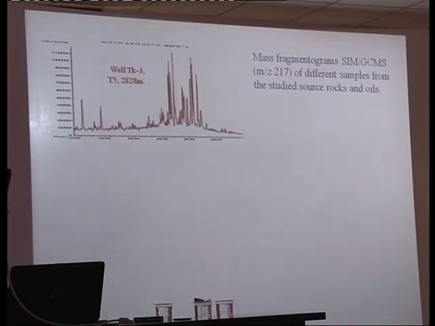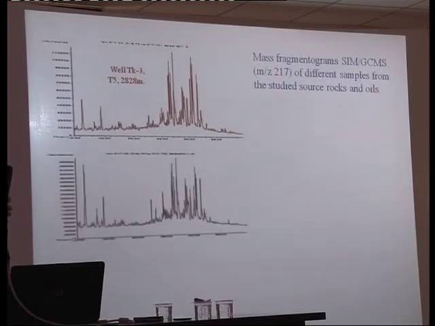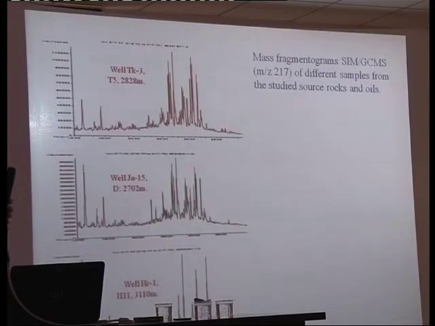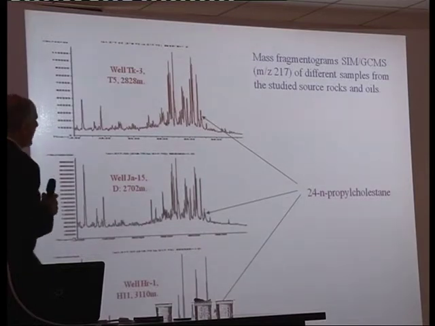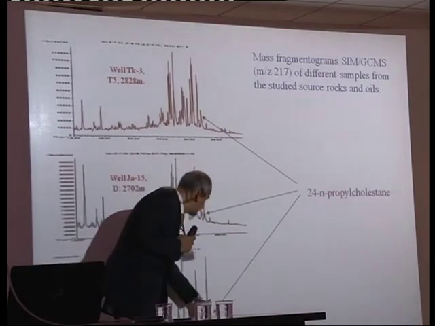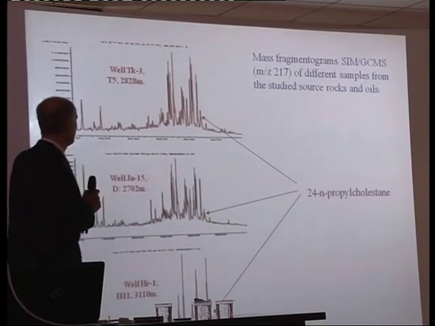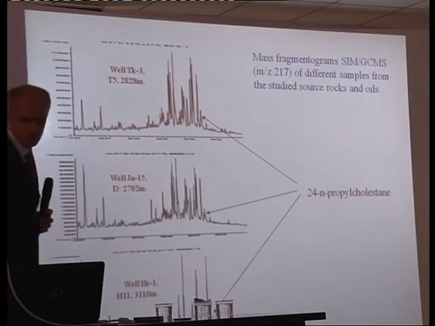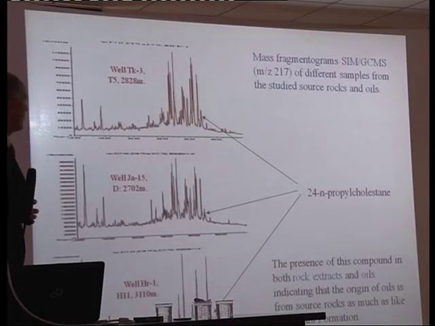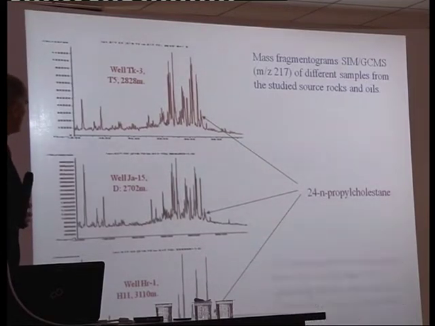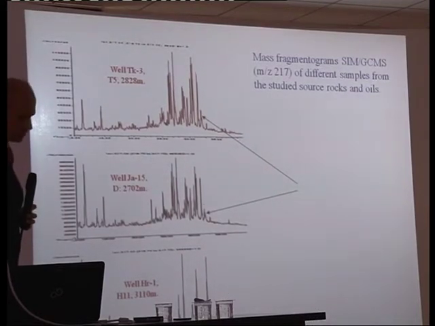So another fragment is selected, m/z 217. Also, we have the propylcholestane here. We also use it, and we see it is here. Yes, we have some, but it was very small compared with other wells or other results. So the rock extracts are good, but with this Hameen we have some problems.